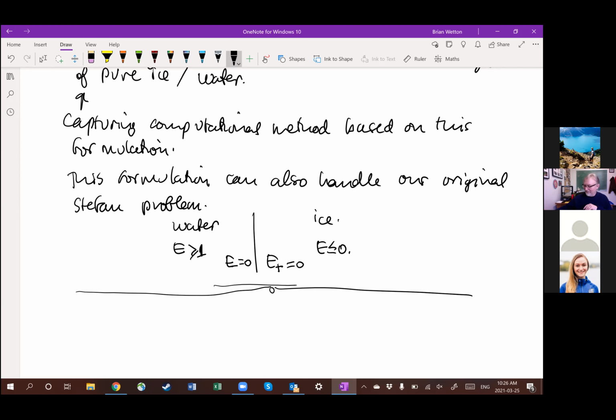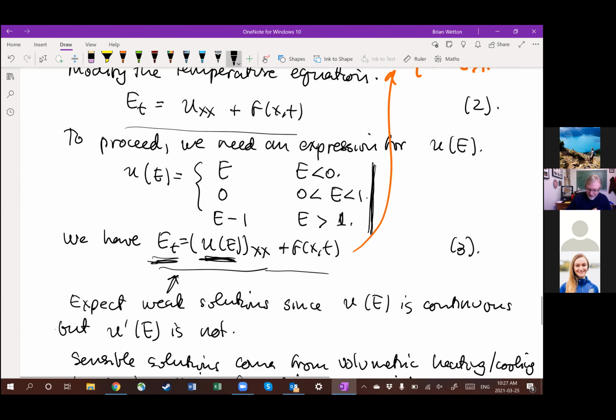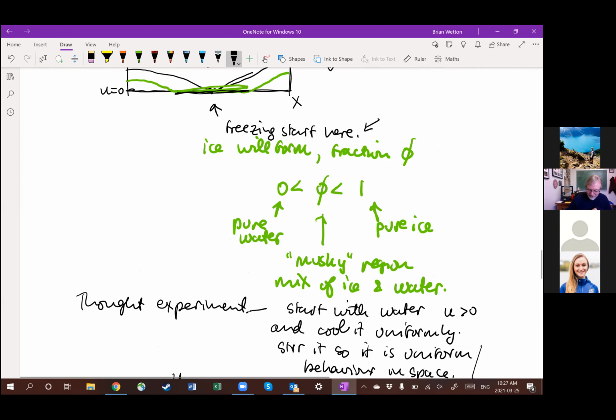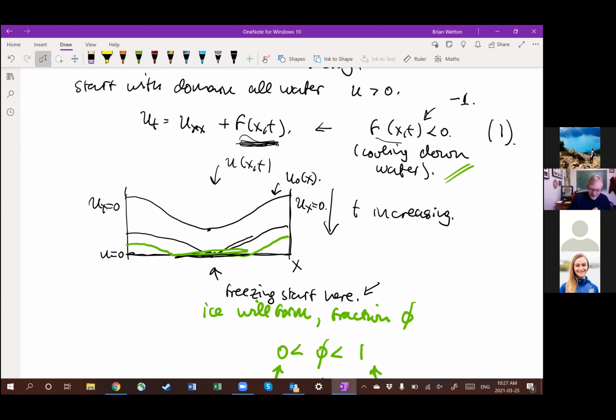There's a question coming in. Why don't we expect a mushy region in the Stefan problem? That's an excellent question. Remember, I think it comes down to a maximum principle argument, right? We're getting away from the maximum principle because we don't just have the heat equation, we got this F, right?